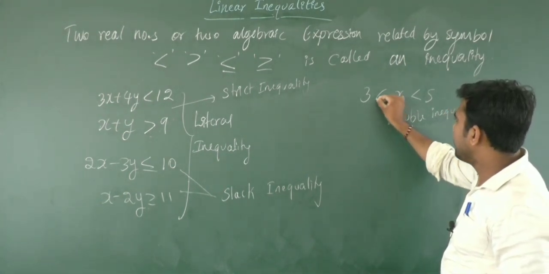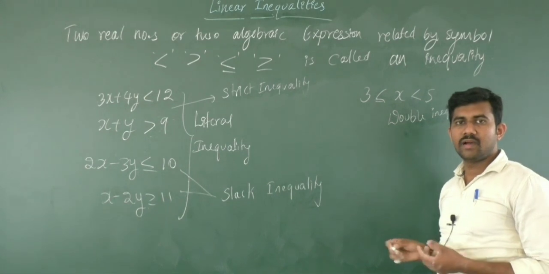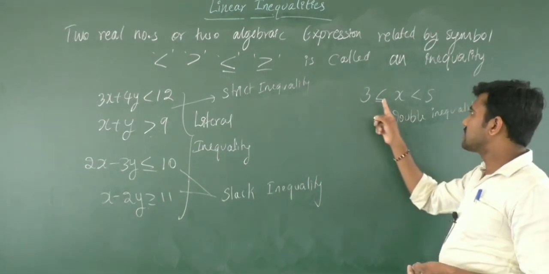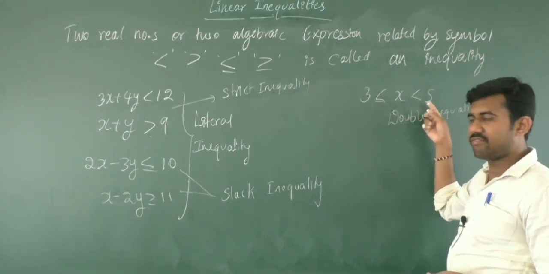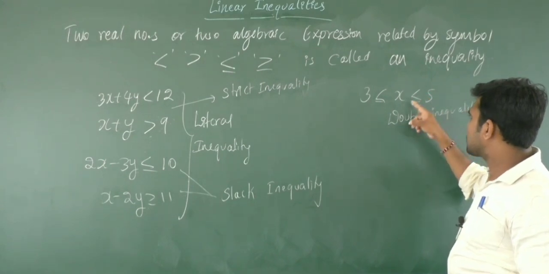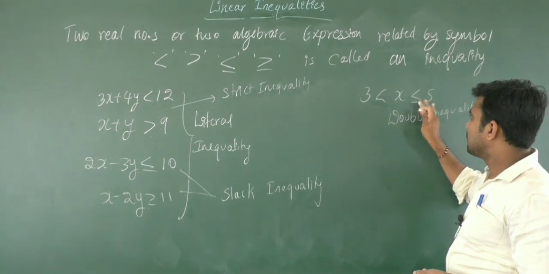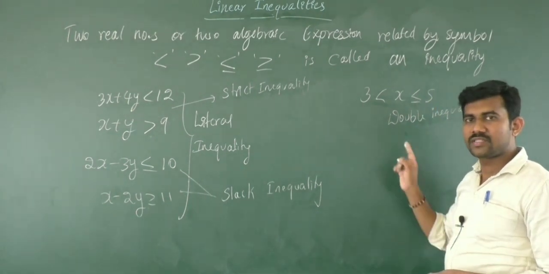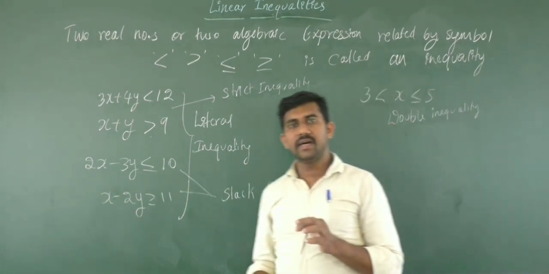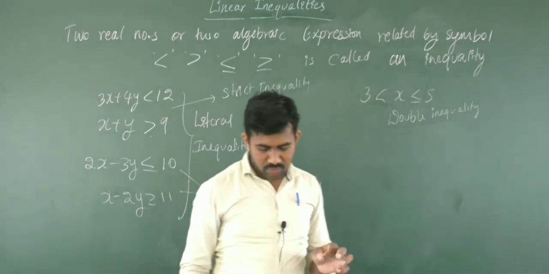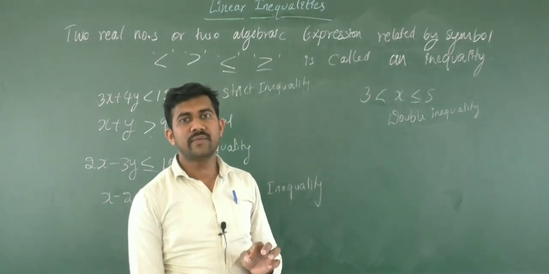Any example containing two such symbols, like 3 is less than or equal to x less than 5, or 3 is less than or equal to x less than or equal to 5, or 3 is strictly less than x less than or equal to 5, we can say they are double inequalities because they contain two inequality symbols.